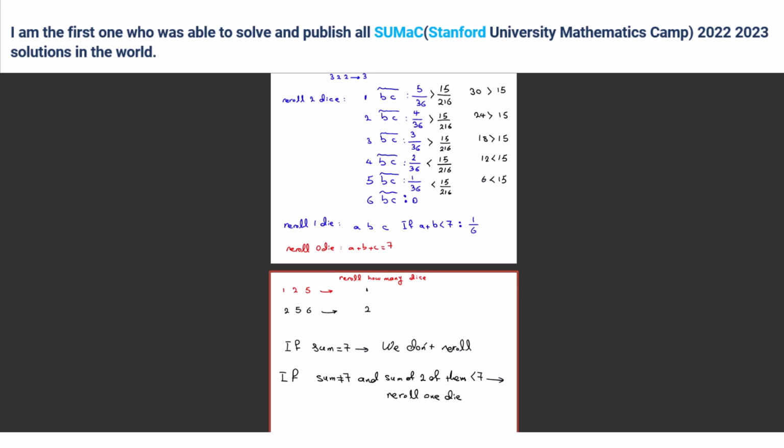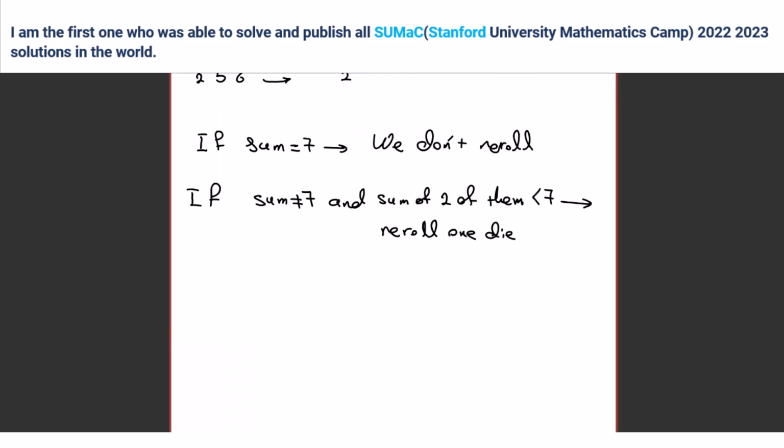So here we have these options. Sum 7, we reroll 0 dice. Answer is 0.